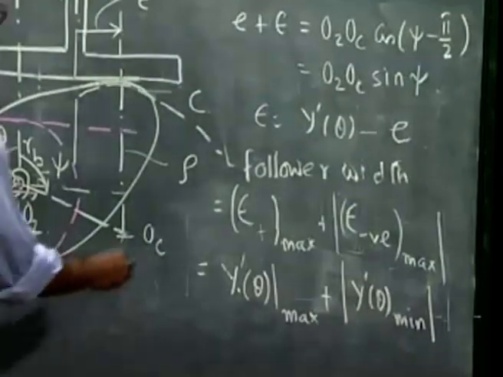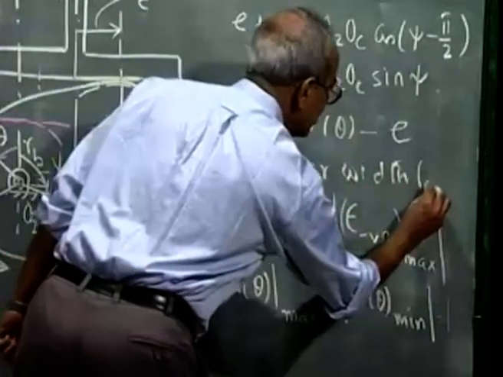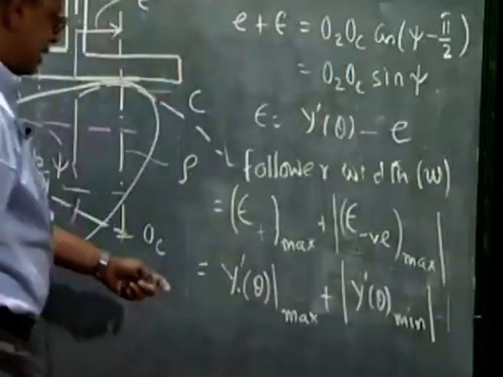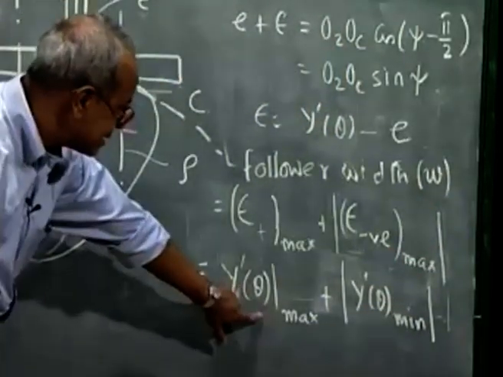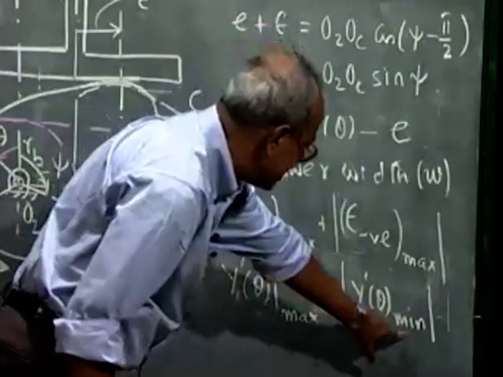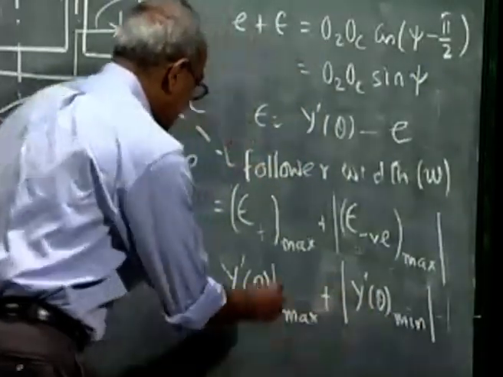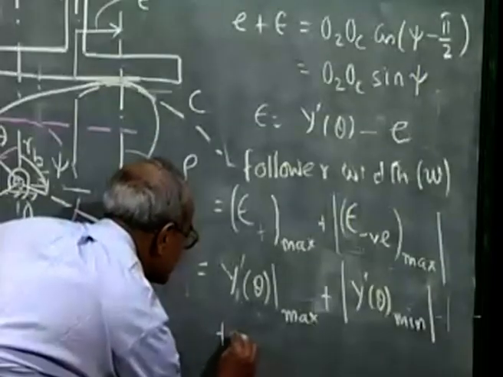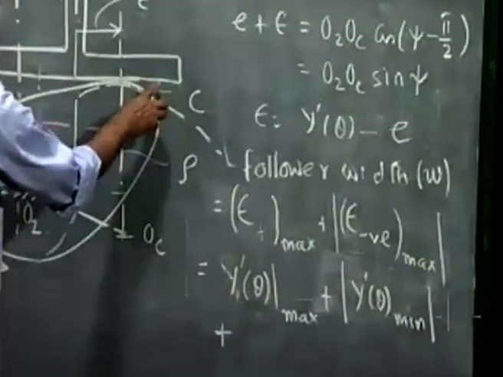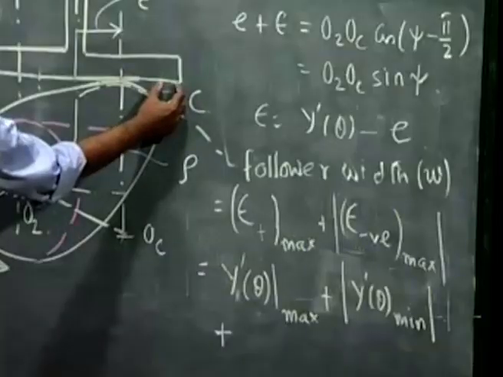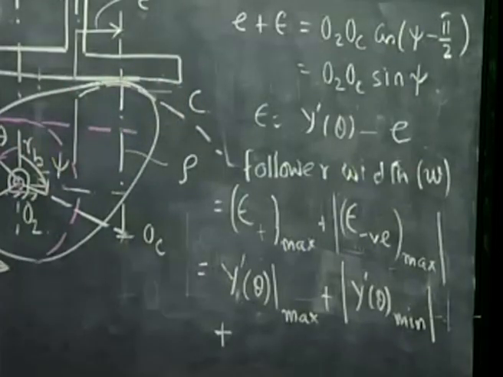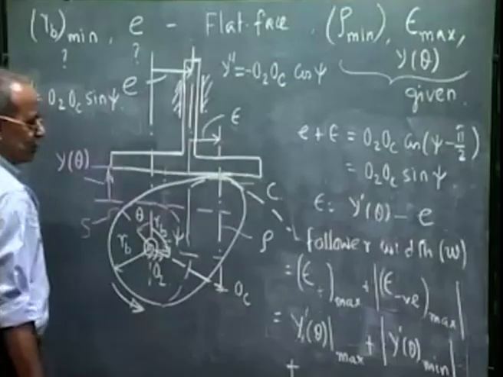So the total follower width, if I call it W, is given by y prime theta max plus y prime theta minimum, which is negative, take the absolute value, add up these two values, and normally we keep some allowance on either side. If the contact point comes up to here, I should keep an allowance here. Similarly, if the contact point comes up to here, I keep the same amount of allowance here.